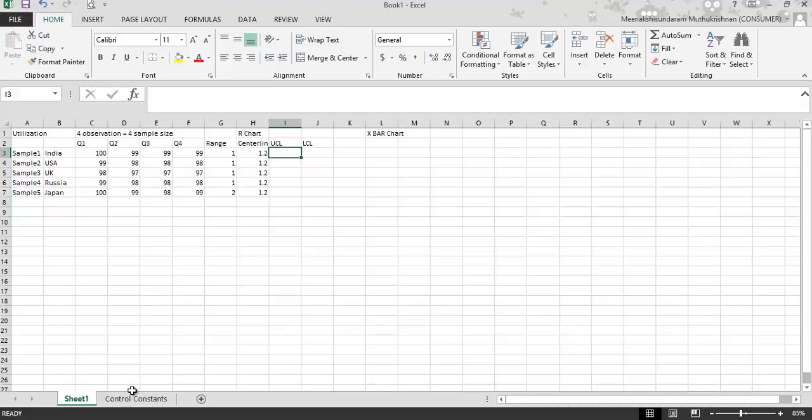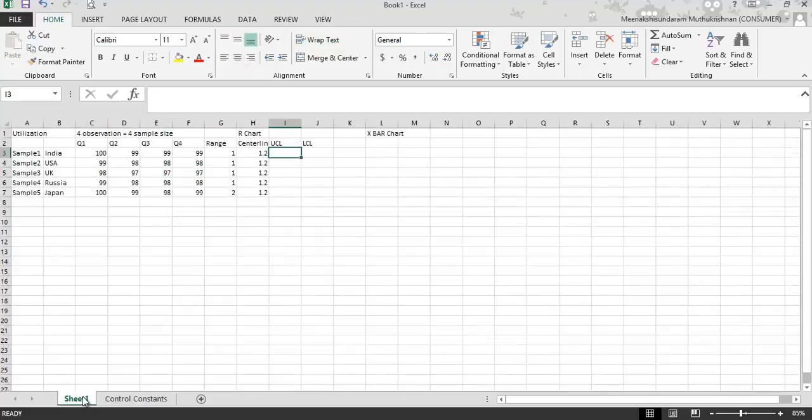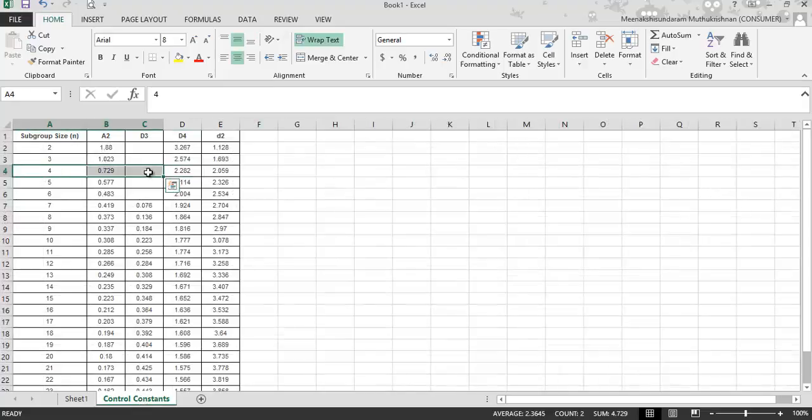So we just have to go to the control constants, and for sample size 4, the calculation is 2.282 into 1.2. So this is the calculation. And for LCL, we go for the 4th sample and we use the column D3.